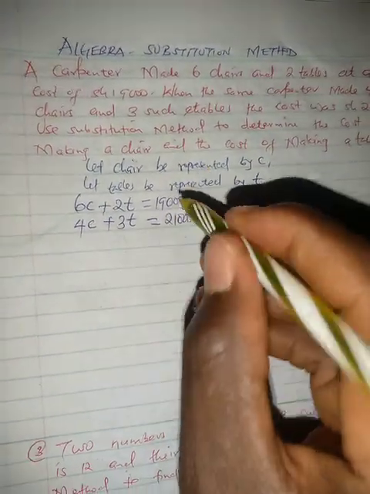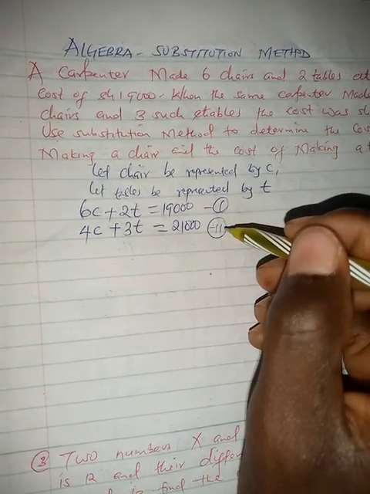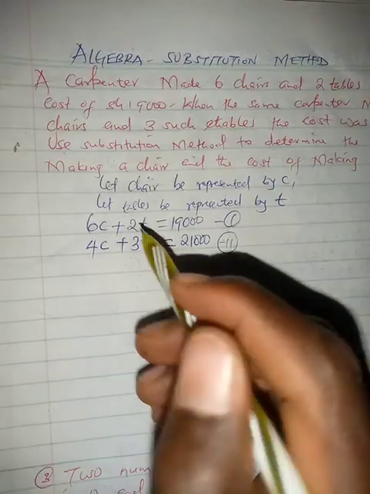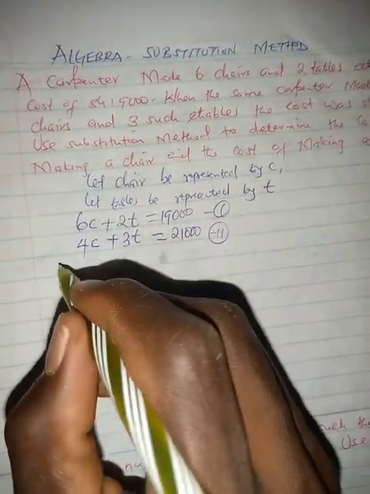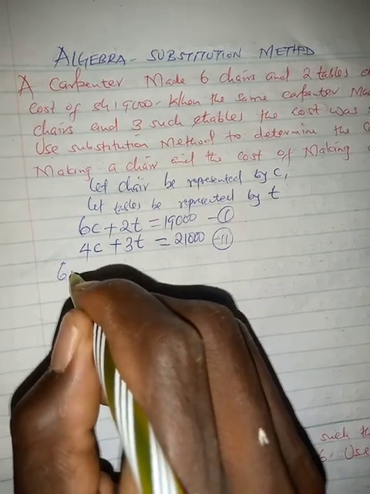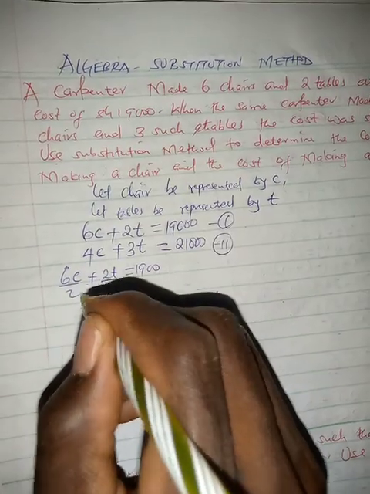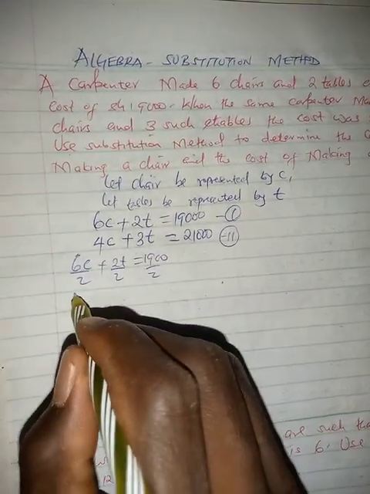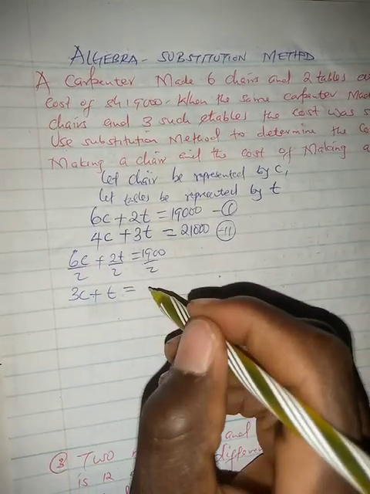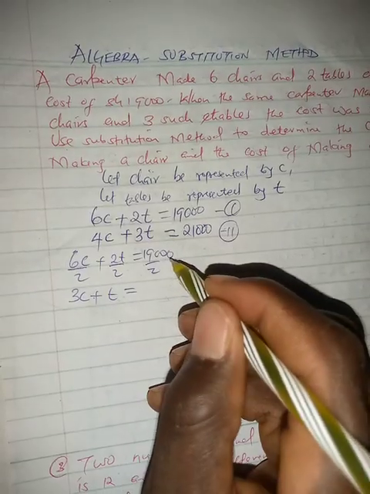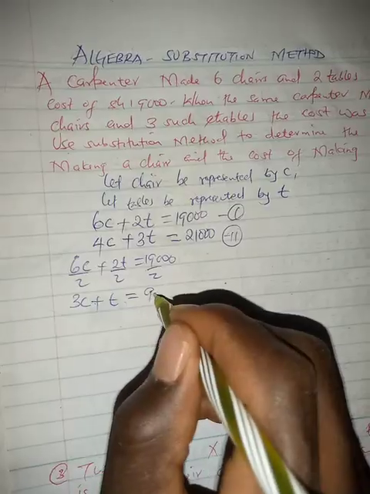Now I think we can proceed. We check the two equations, and then we use the equation that is easy to simplify further. Once you look at them, you can see that this number is divisible by 2, this number is divisible by 2. So we can pick the first equation that says 6c plus 2t is equals to 19,000. We divide by 2, such that it will be 3c plus t is equals to 9,500.